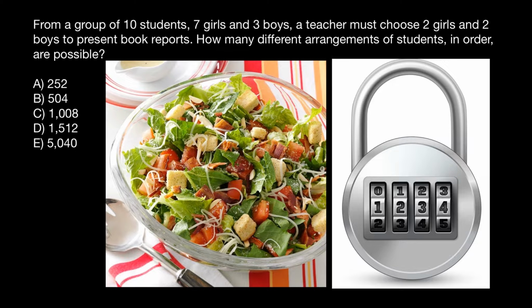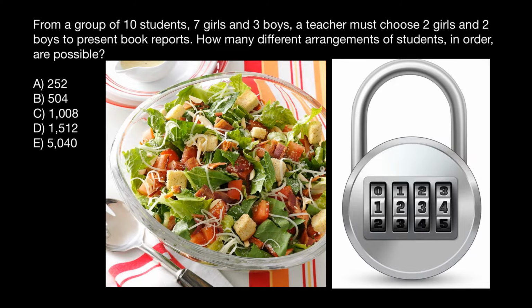But in reality, we should call it a permutation lock, because it's not enough for us to know just the 4 numbers we need in order to open this lock, we also need to know the exact order of those 4 numbers.